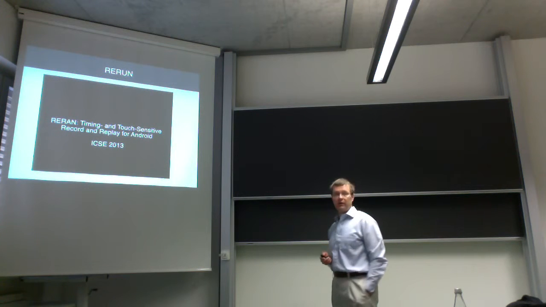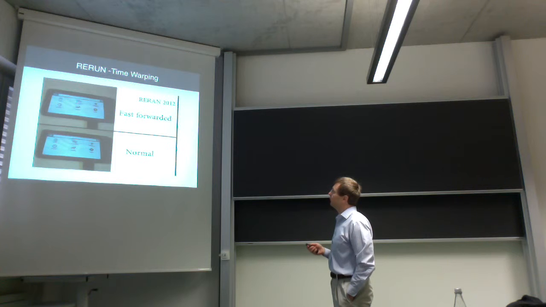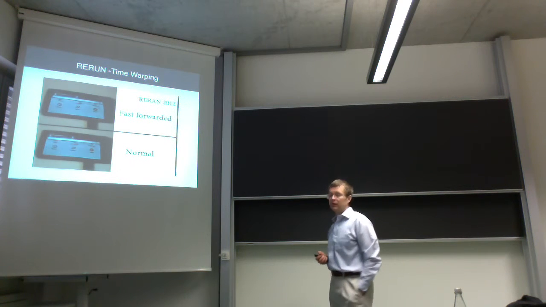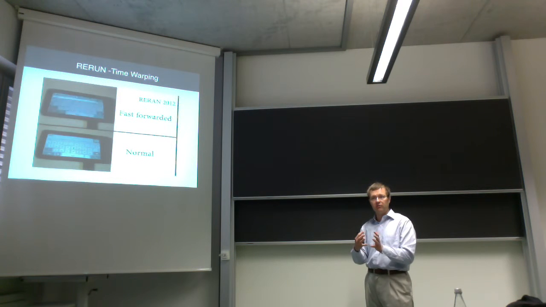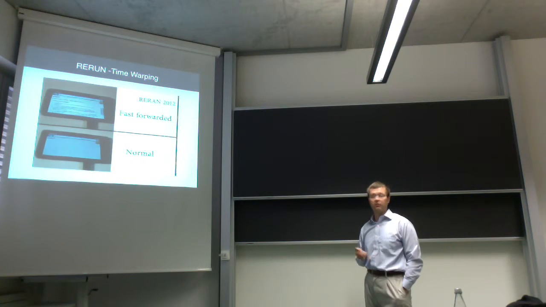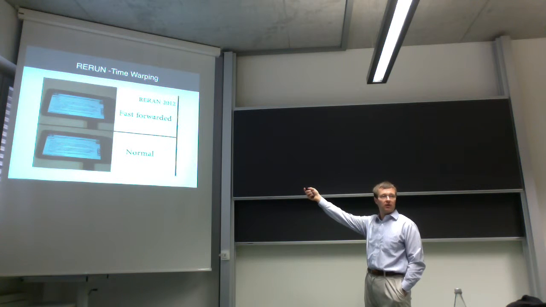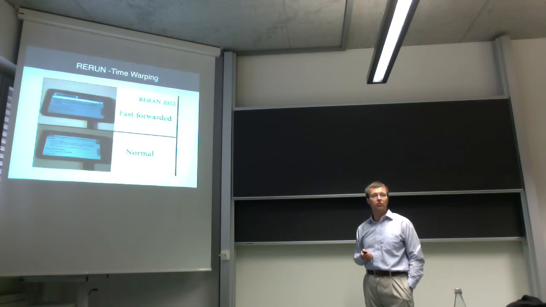And Rerun can do not only this, they claim it can also do something like that. They call this feature time warping. So basically, once you record your events, then they can compress the time in between events and do the rerun much faster. So you see the time warp version on the top, right? So this is record and replay tools, okay?